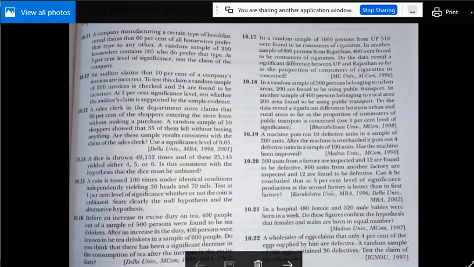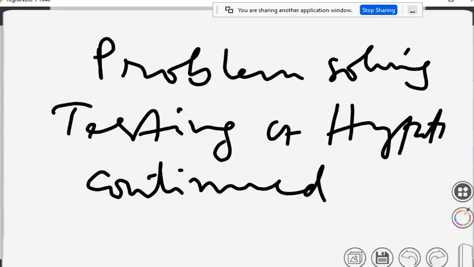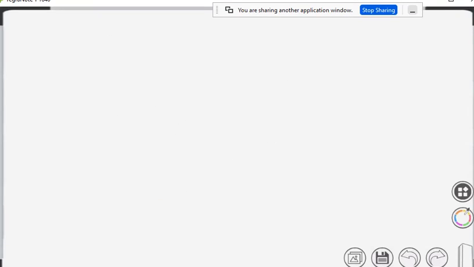Do the data reveal a significant difference between urban and rural areas so far as the proportion of commuters of public transport is concerned? So we will be solving problem 10.18.